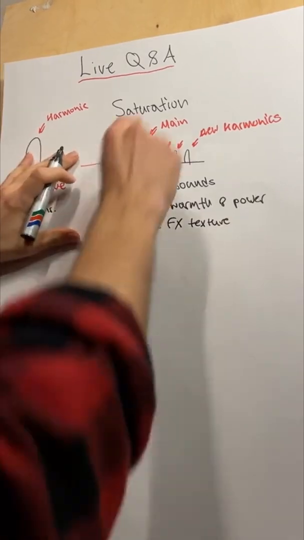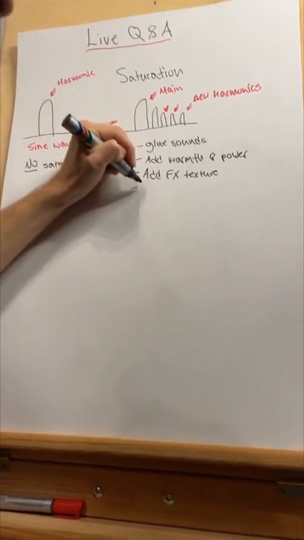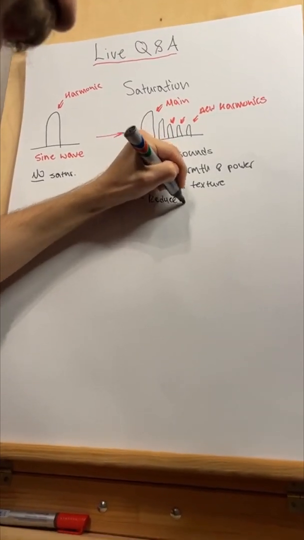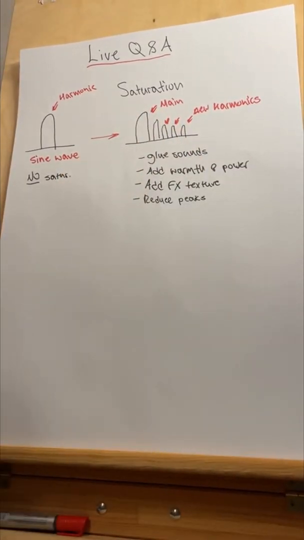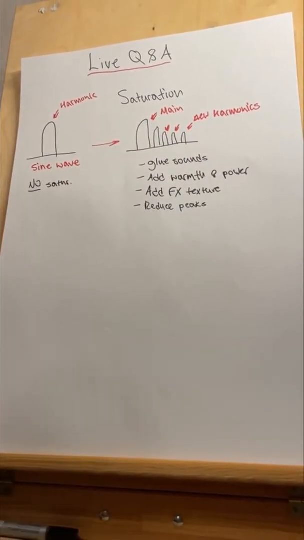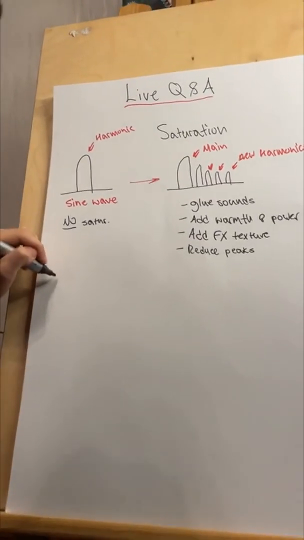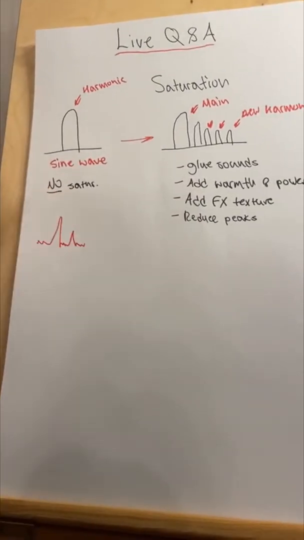So I'm going to draw more of those diagrams. Let's reduce peaks. I'm going to give you a couple more examples about saturation. Let's say that we have a sound which looks something like this.